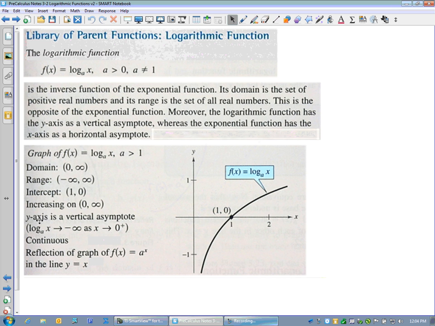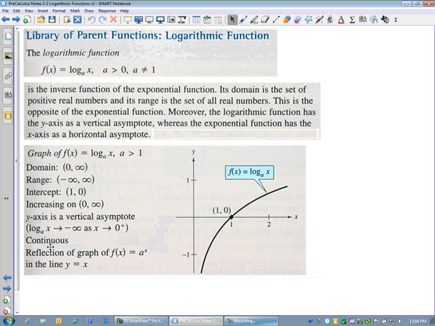And we can say that the function approaches negative infinity. So as you're going this way on the function, you're going to approach negative infinity as x approaches 0 from the right side. The little plus there means from the right side. You can't approach it from the left side because the graph doesn't exist to the left of the axis.